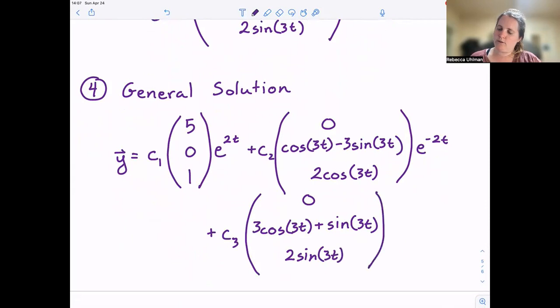That vector multiplying e to the -2t. So this is how we can go about solving a 3x3 system with complex eigenvalues.